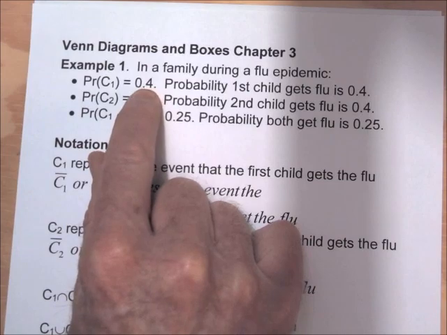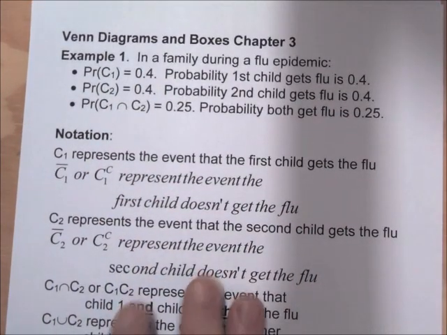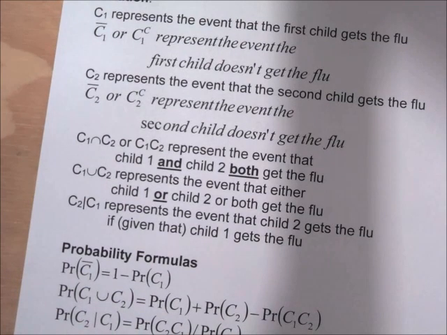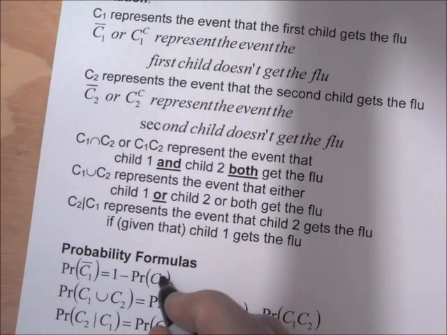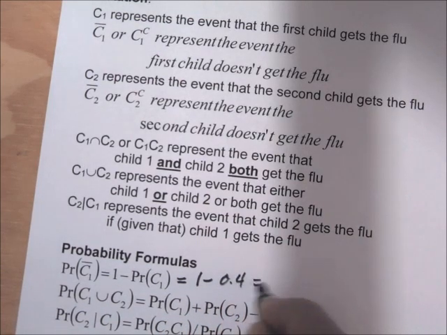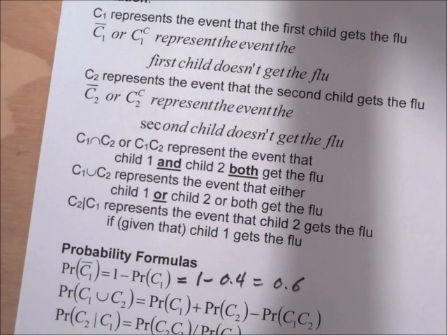For this particular example, the probability that the child gets the flu is 0.4, so it's 1 minus 0.4, which is 0.6. If they have a 40% chance of getting the flu, that means they have a 60% chance of not getting the flu.